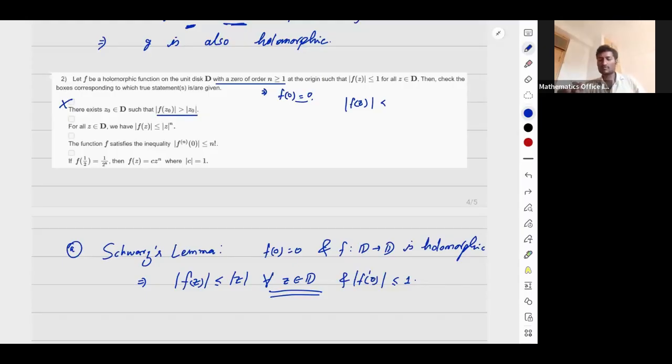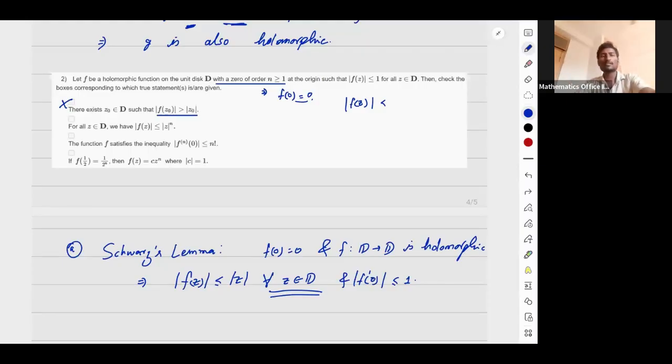Right. What about part B? For all z in D, we have modulus of f of z is bounded by modulus of z to the power n. So, do you remember the proof of Schwarz lemma?